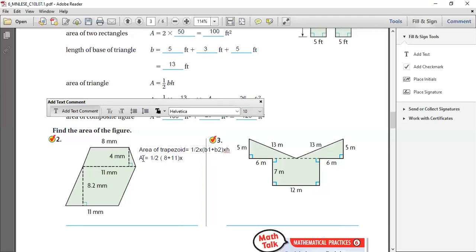First let's solve what's inside the parenthesis. So half multiplied by 8 plus 11 is 19, multiplied by 4. Half of 4 is 2. 2 multiplied by 19 is 38 square millimeters.